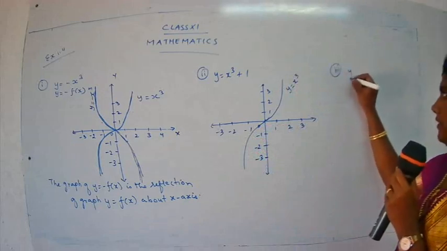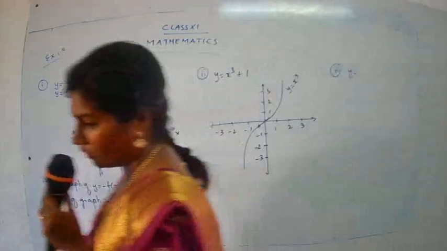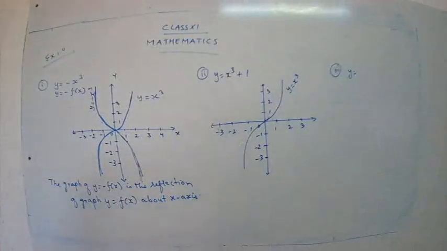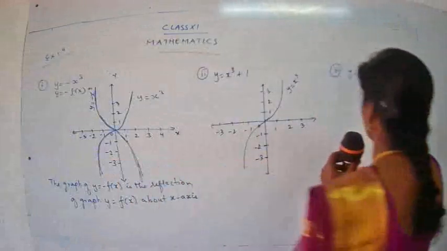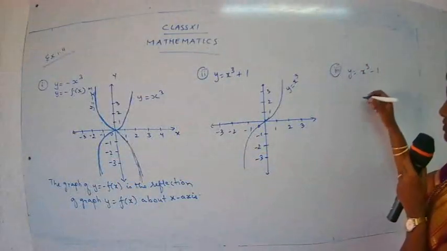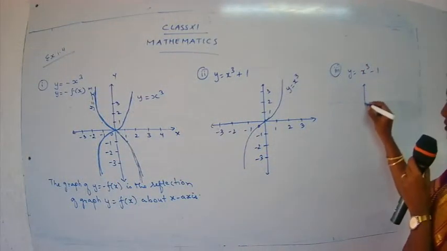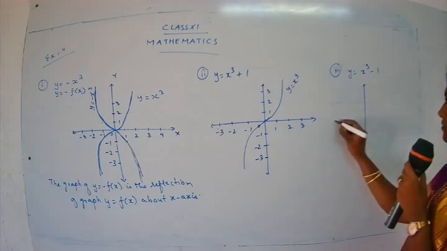Third subpart, y is equal to x cube minus 1. Okay, so I'm just doing this so that you are doing your graph. I'm just completing the next part also.